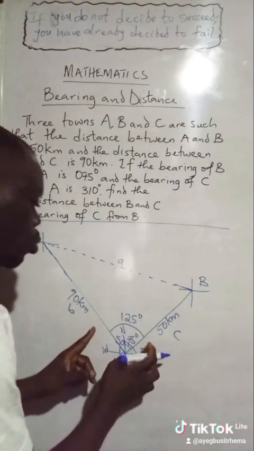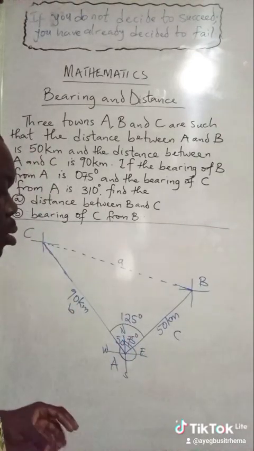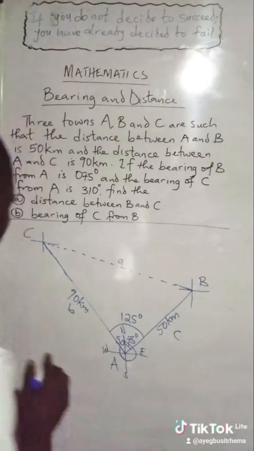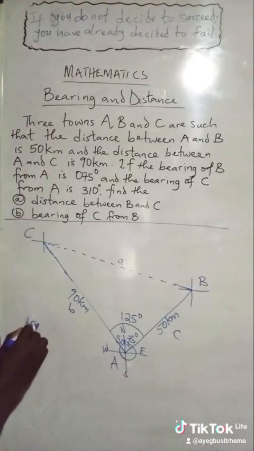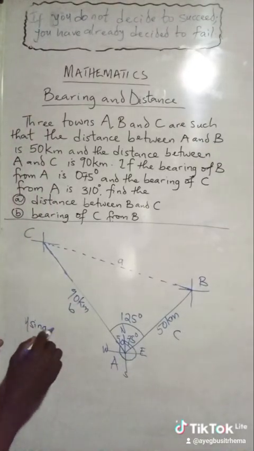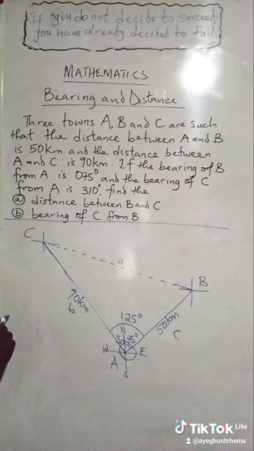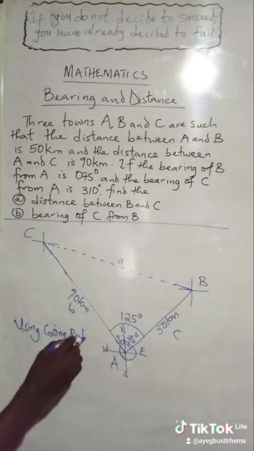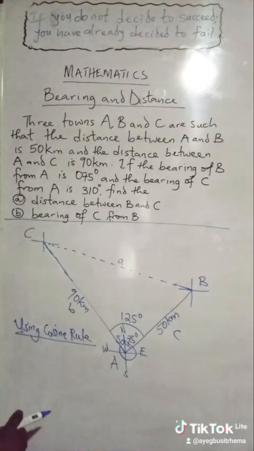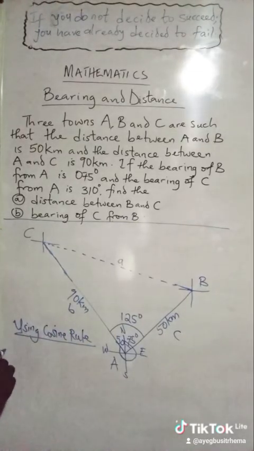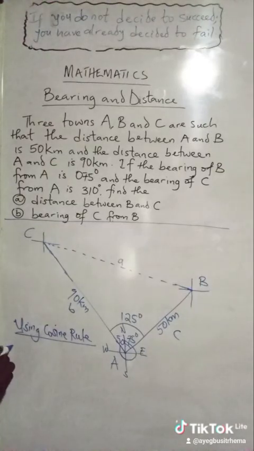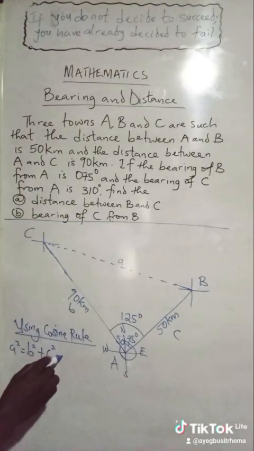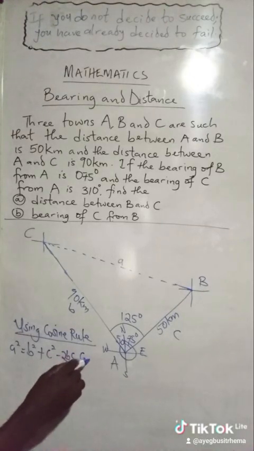So that is when you use the cosine rule. Alright? So using the cosine rule. Right? The cosine rule states that a squared equals b squared plus c squared minus 2bc cos A.